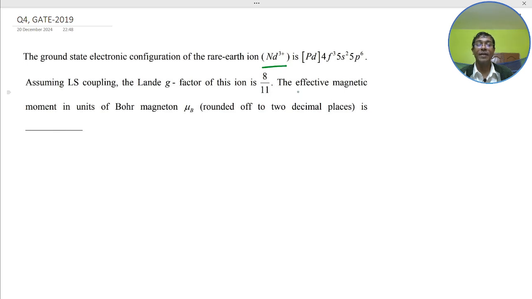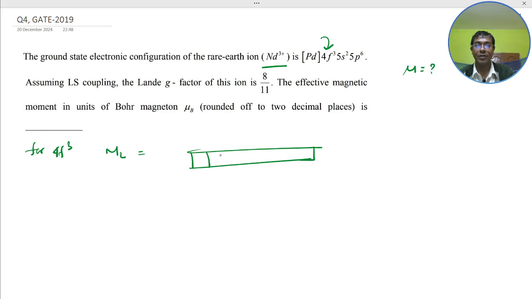The effective magnetic moment in units of Bohr magneton mu B is what? You have to find the magnetic moment mu. So for 4f3, these configurations, for 4f3, what should the ml value be?